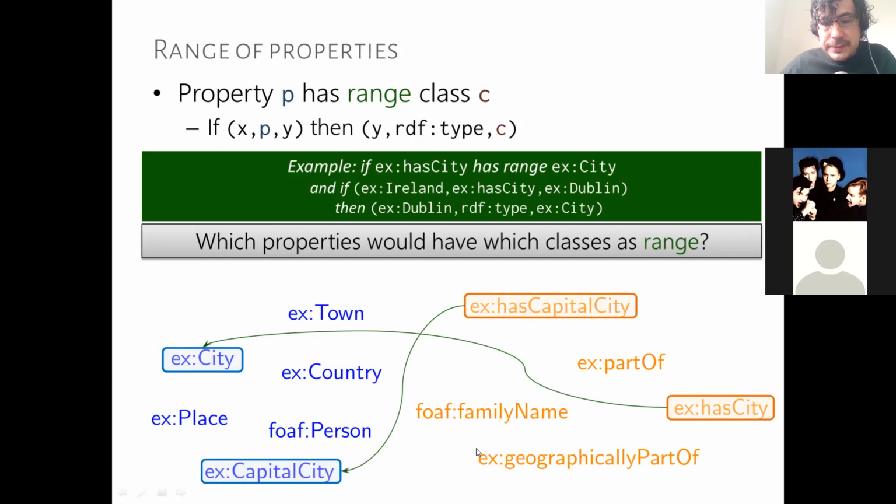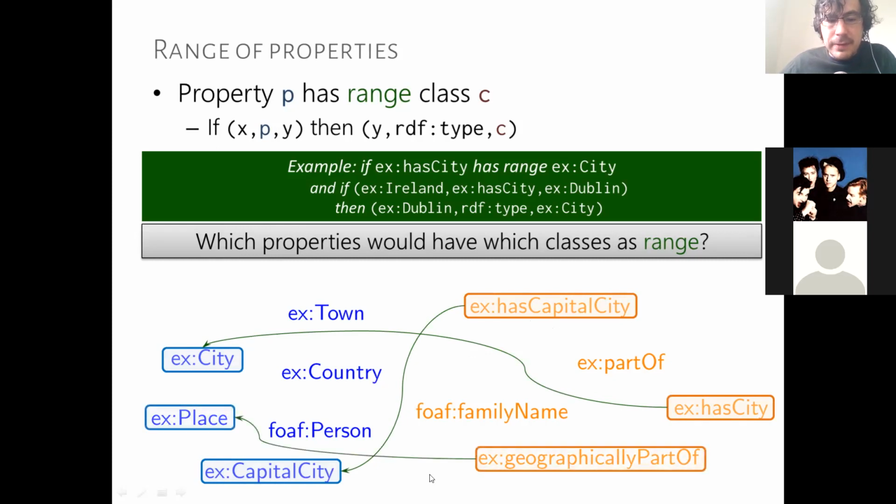Geographically part of, we would assume that to have a range of place. Anything else here? Full family name would have a range of string, in fact, which is not here. Part of could be anything, so it's not really clear what we would define it as. Any other suggestions?